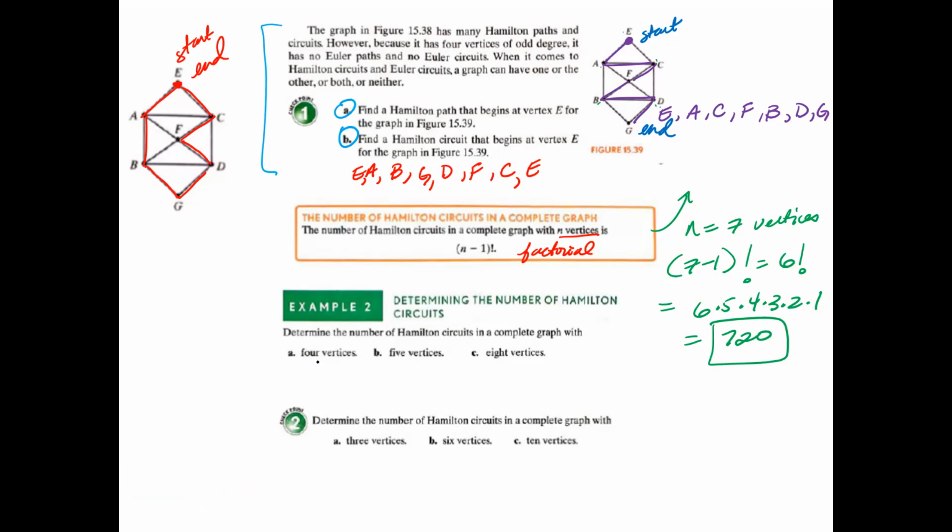I want you guys to find it if it's 4 vertices, which means n equals 4, 5 vertices, n equals 5, 8 vertices, which is n equals 8. 3 factorial, 4 factorial, 7 factorial, which is going to give me 6, 24, and 5,040.